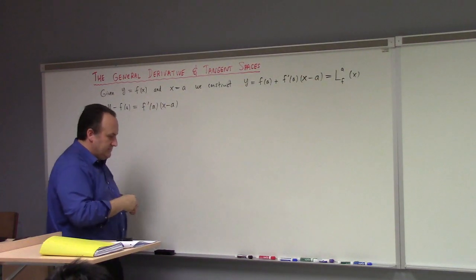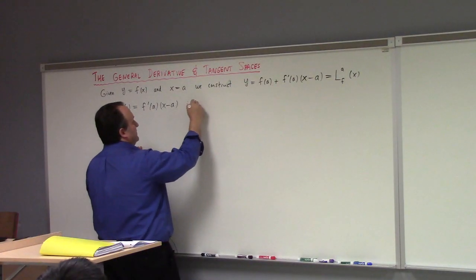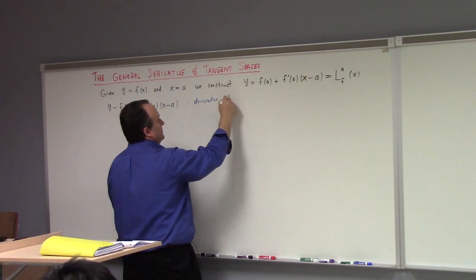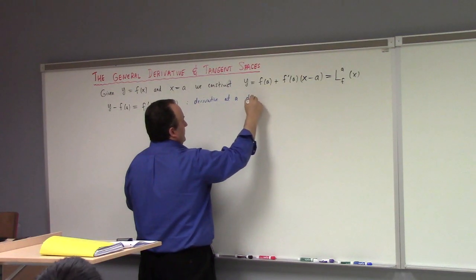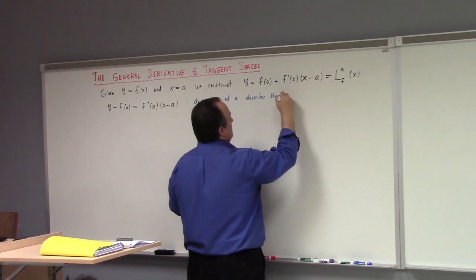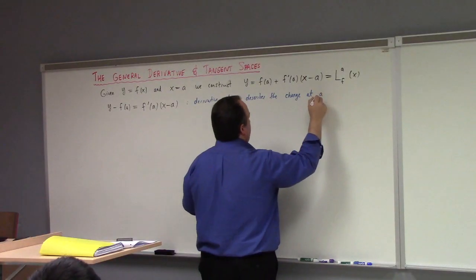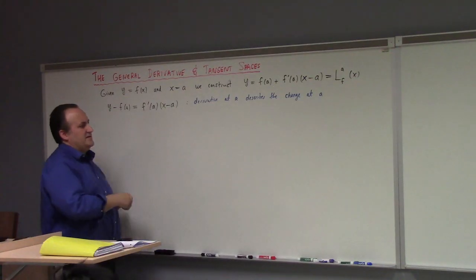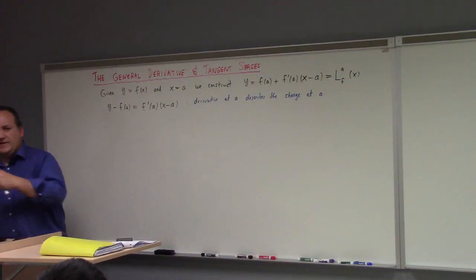So as a slogan, this suggests that the derivative at a describes the change at a, right? That's not what I want to say. It's the best linear approximation to the change at a is what I wanted to say. I'll find my words eventually here.